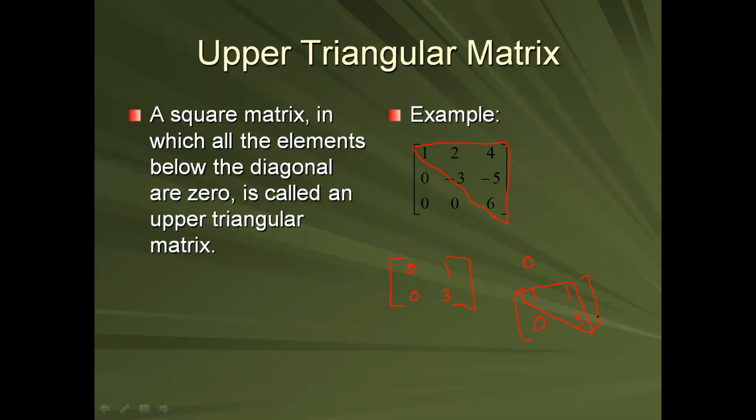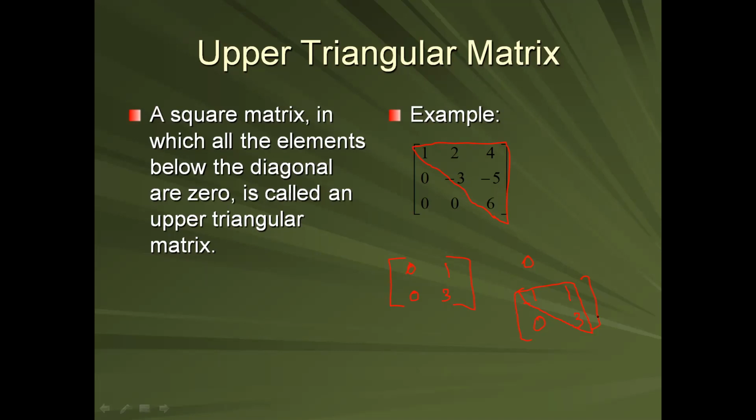Okay. Now similarly, lower triangular. So what change will come in lower triangular, Jill? Yes, ma'am. Jill, tell me, lower triangular matrix. What will be the change in the definition? 0 will be gone upward and 1, 3, 1 will be down.